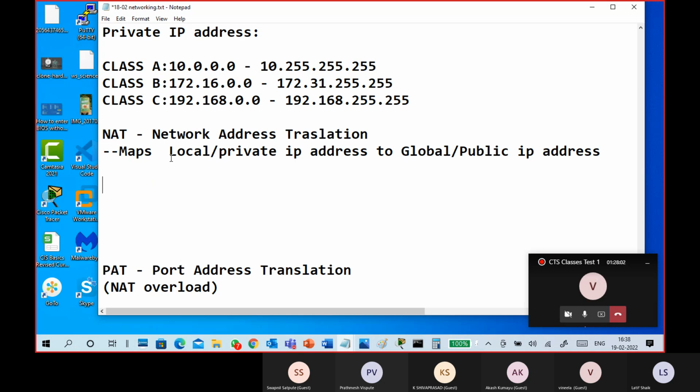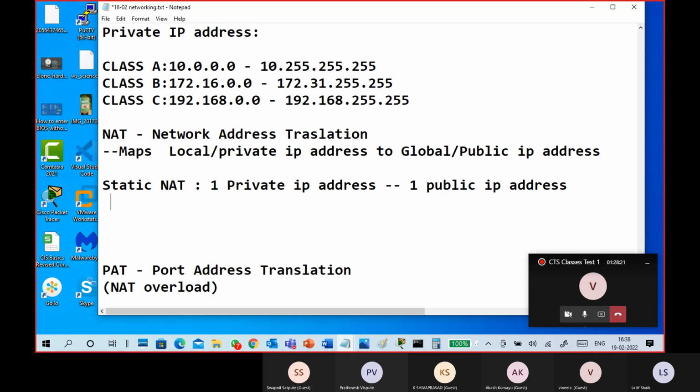In NAT, there are two types. One is static NAT. Static NAT is where one private IP address is translated into one public IP address.